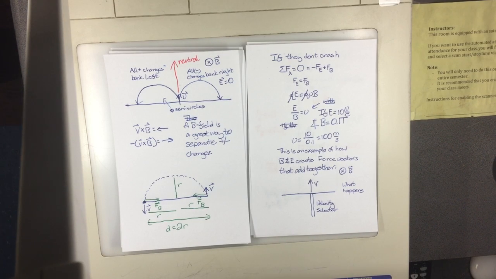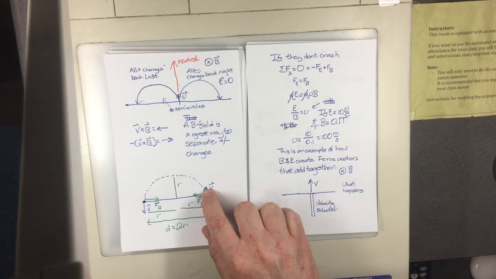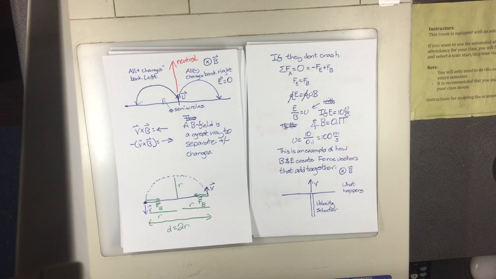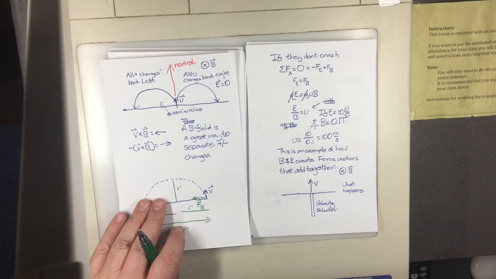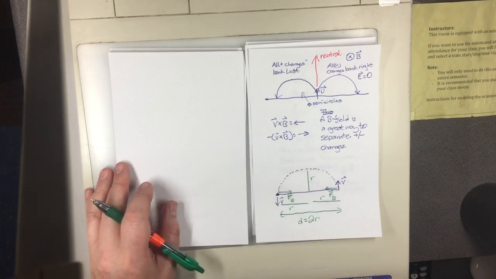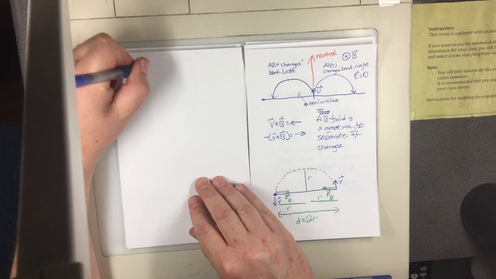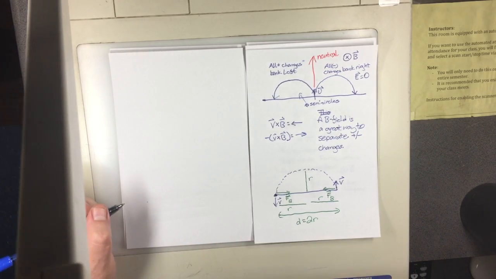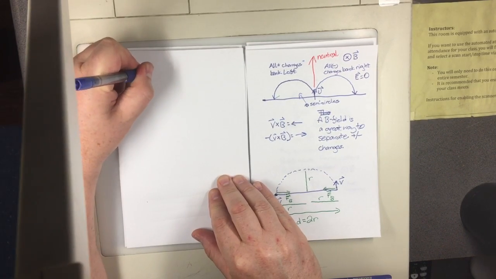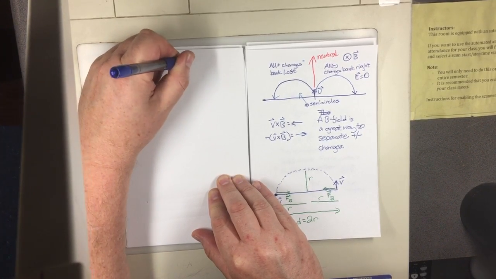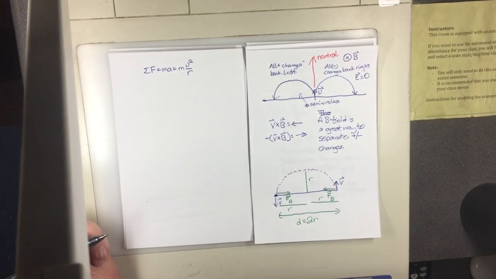So the total distance of that circle from the point where it entered the mass spectrometer to the point where it impacted the surface is a distance 2r. It's circular motion. So in circular motion, it's a circle of a constant radius, and because of this, you can say that the sum of the forces, which is equal to ma, is equal to mv squared over r, where r is the radius of that circle.